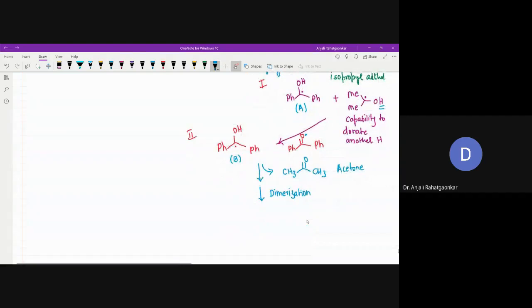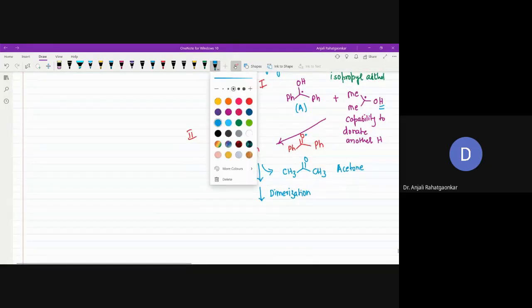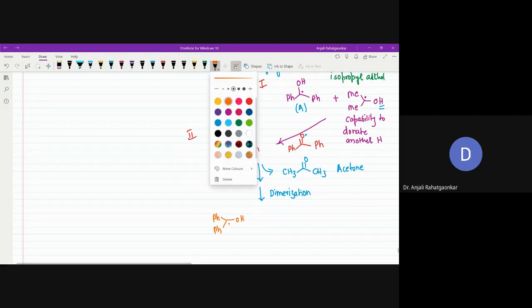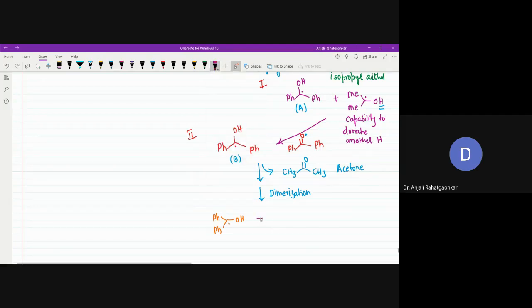So here now these two radicals which are formed in the two different steps, right now they are dimerizing.